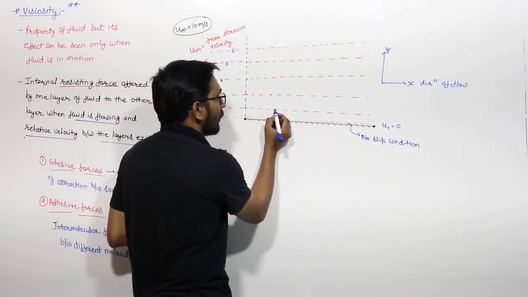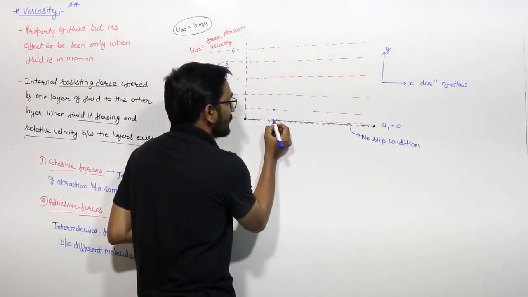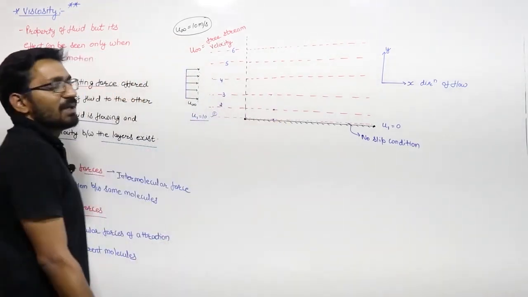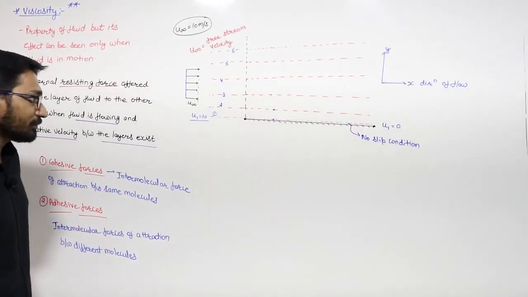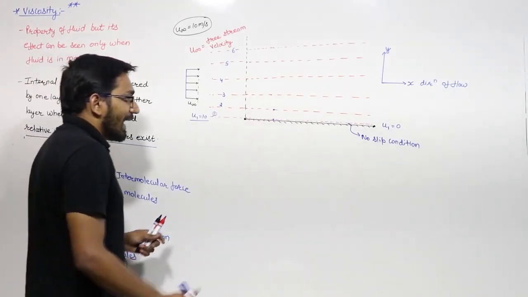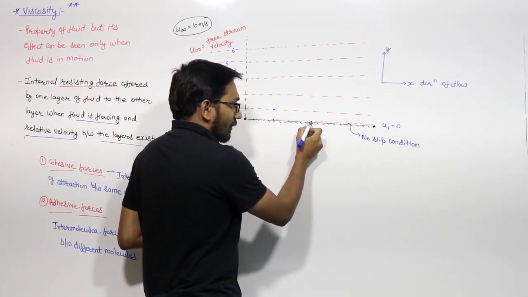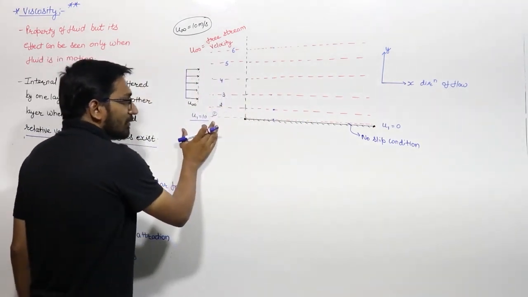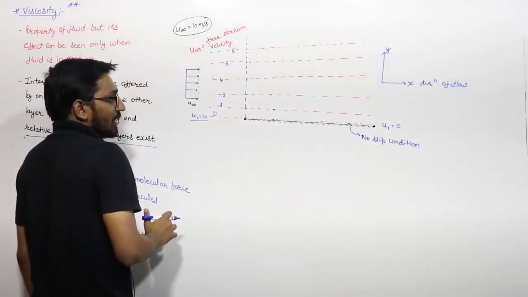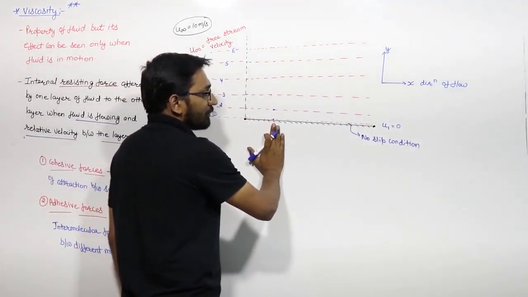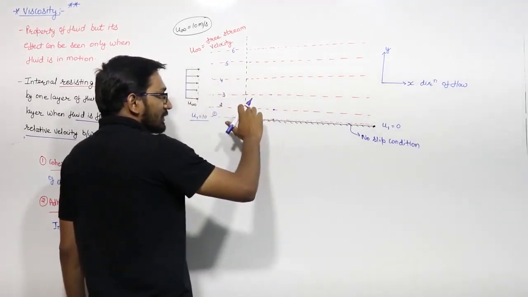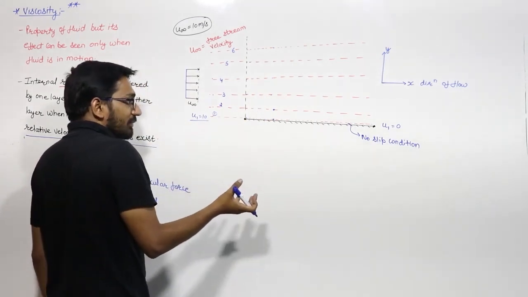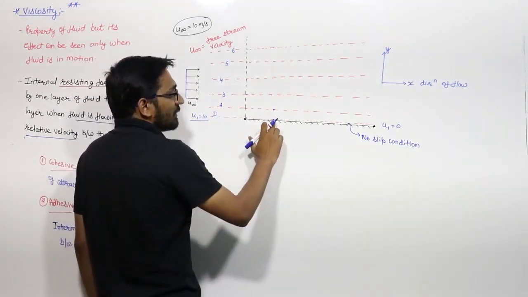If I take the corresponding points on these two layers, suppose these 2 points, there are some forces of attraction, some bonds between them. As layer 1 retards from 10 meters per second to 0, the second layer of fluid will still have some velocity, because the no slip condition applies only to the first layer.